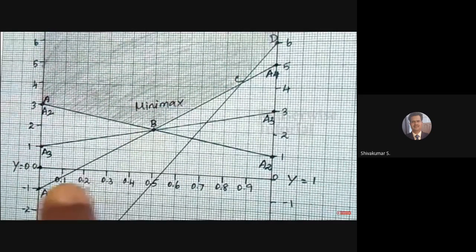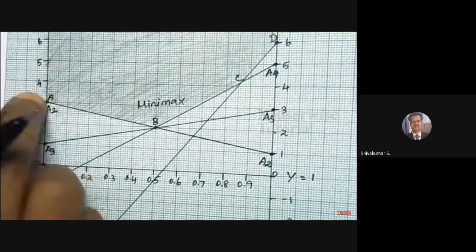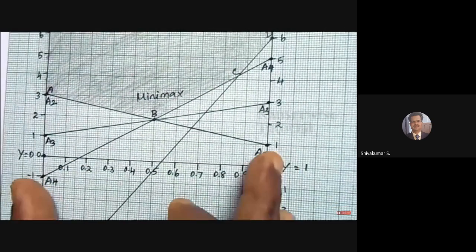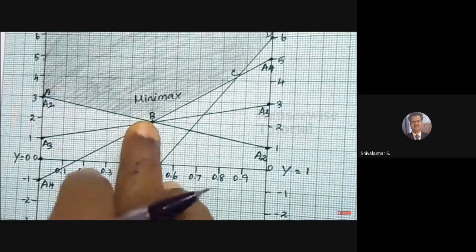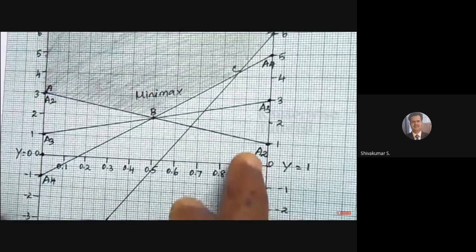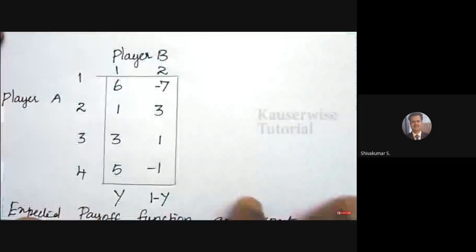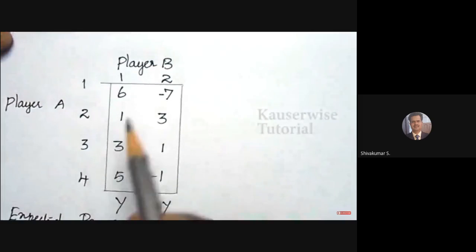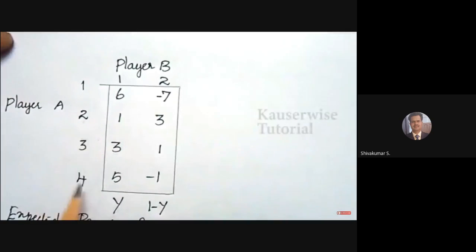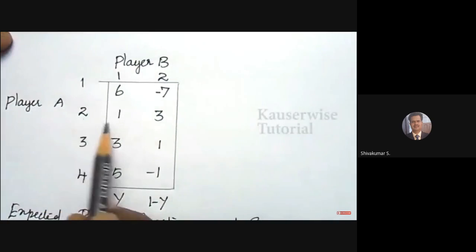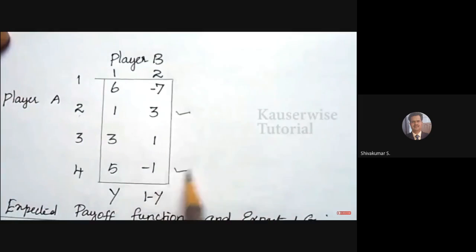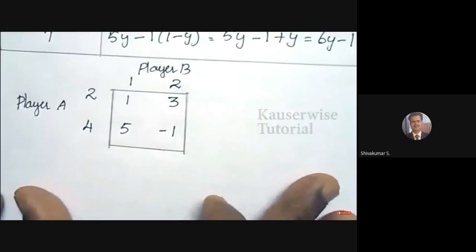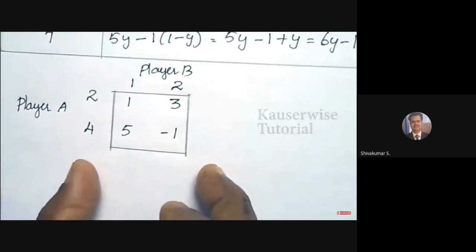Here, A4 and A2 have opposite slopes, so I'm going to select A2 and A4. That is the second row and fourth row. With the help of the graphical method, we framed the 2 by 2 payoff matrix.